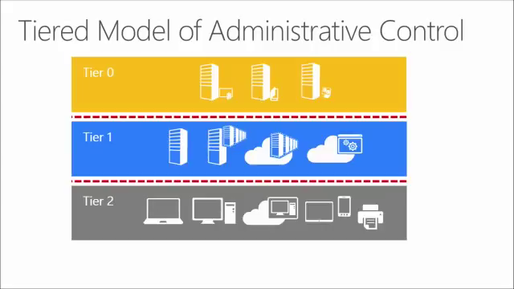And so this tier model has tier 0 in control of all identities and effectively all assets in the environment, tier 1 being your enterprise assets, and tier 2 being your individual user or individual device assets.